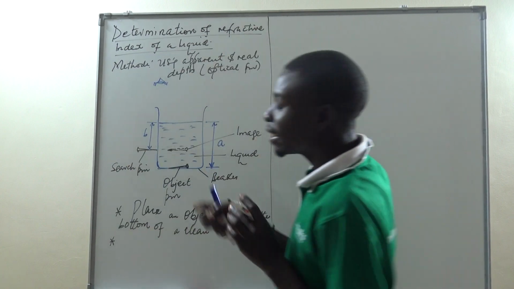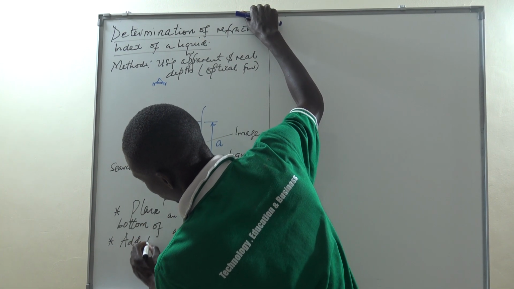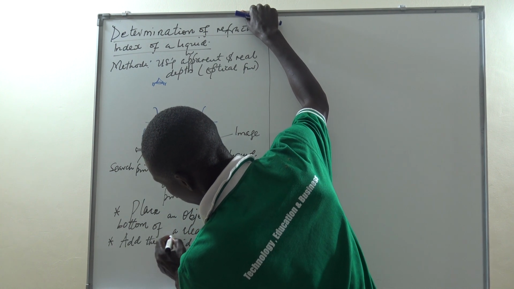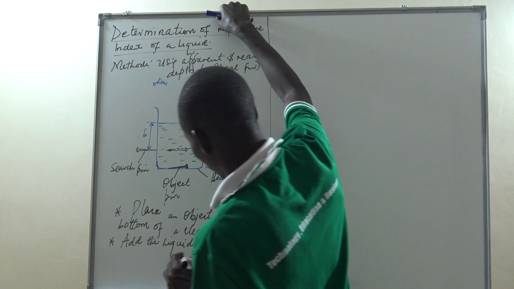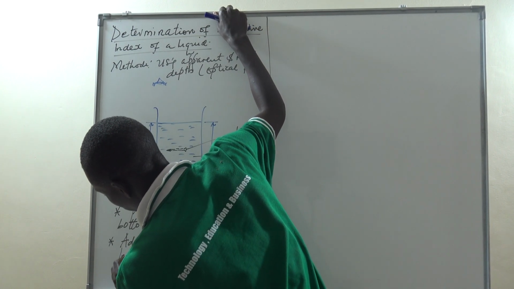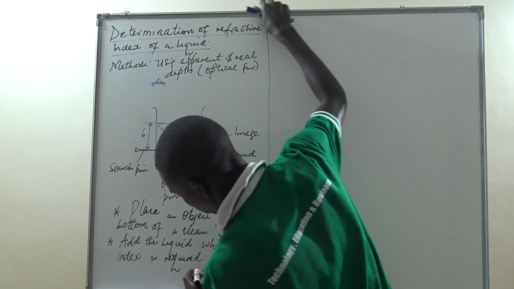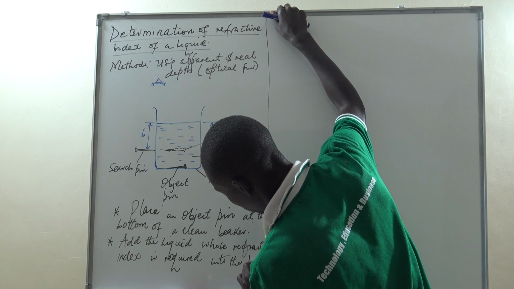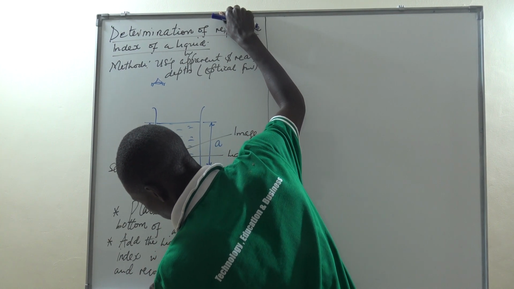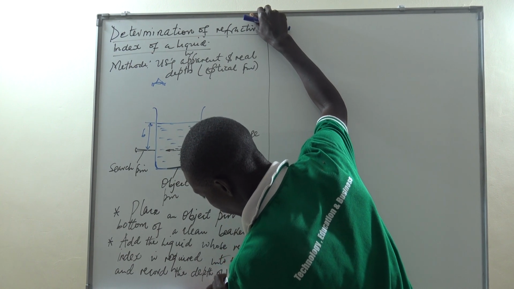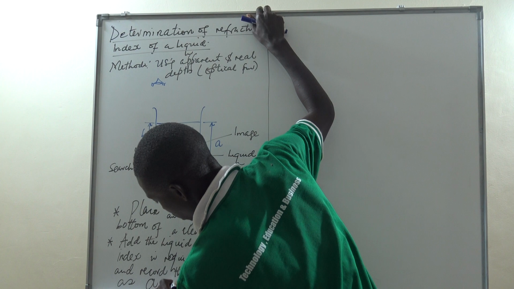And then, in the next step, we said, add the liquid whose refractive index is required into the beaker, and record the depth of the liquid as A centimeters.